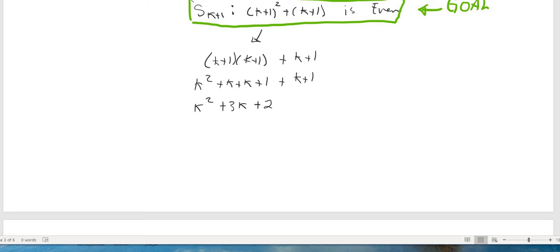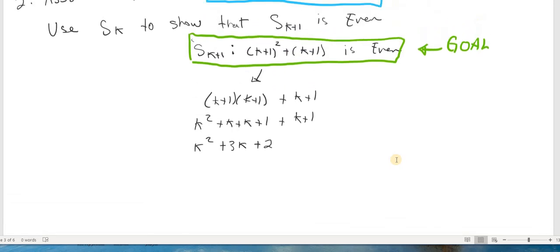Okay, now let's see. This is a tricky part. I think this is where I got ahead of myself. You need to use Sk to establish Sk plus 1. So here we go.